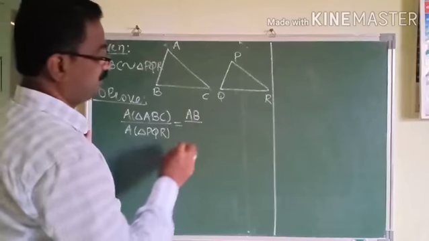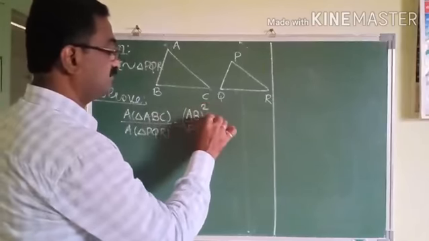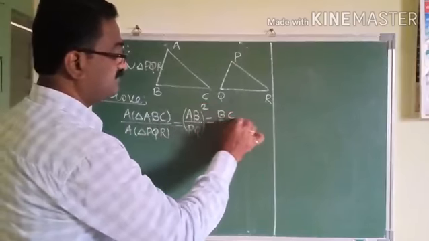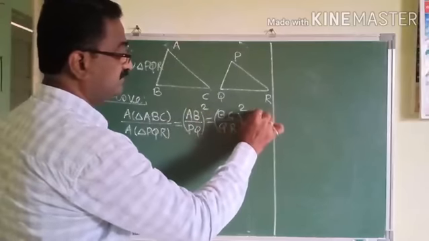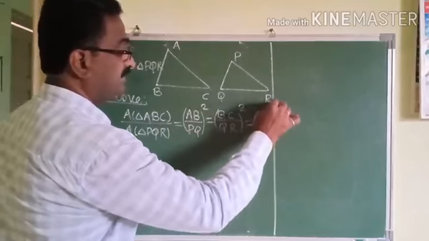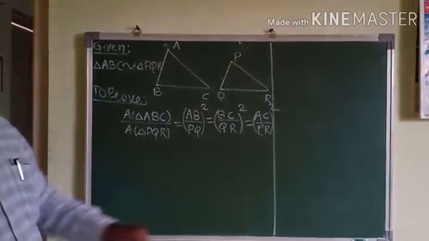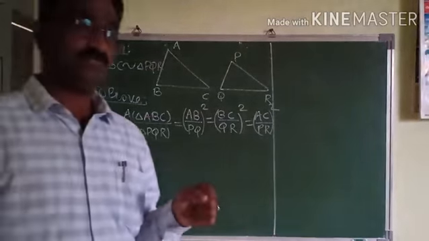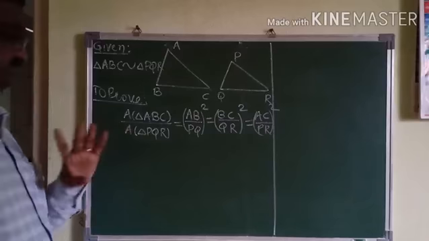Corresponding side of AB is PQ, squared, is equal to BC upon QR, its square, is equal to AC upon PR, its square. That is the theorem of areas of two similar triangles. Here the triangles are similar. Now let us prove that theorem.